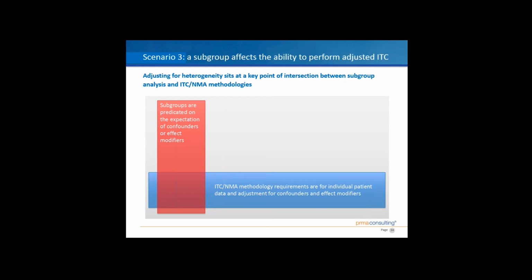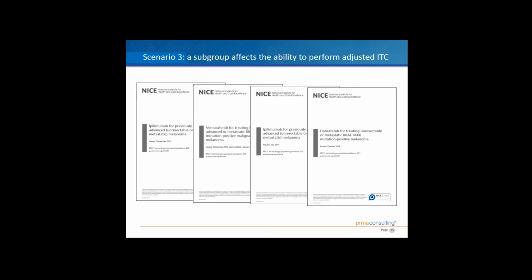Down one locus, you have this idea that subgroups are predicated on the expectation of confounders or effect modifiers, i.e. things are different. Along the horizontal locus, ITC methodological requirements are under the assumption that you can bring confounders and effect modifiers together, or you can control for them such that you have similarity. And these two things don't easily coexist.